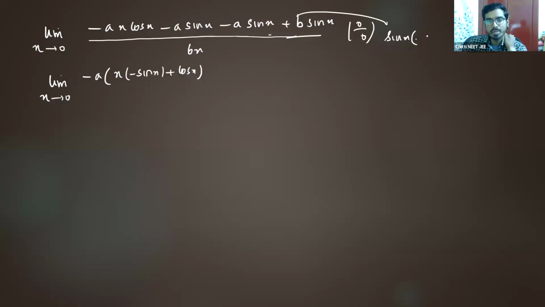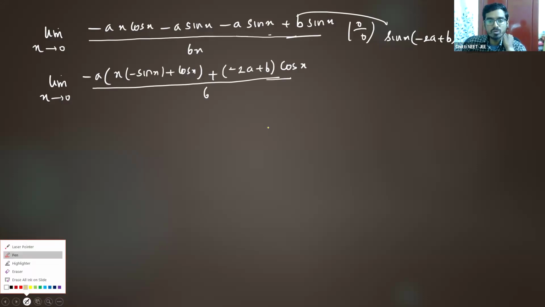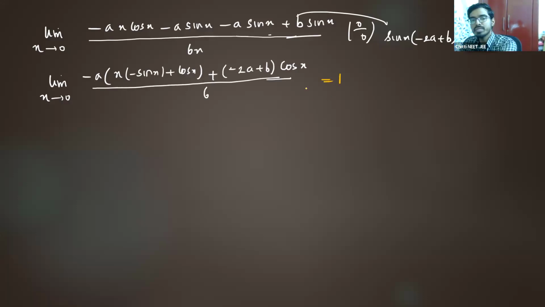If I take sin x common, we have minus 2a plus b, derivative of sin x is cos x whole divided by 6. See, here you are getting a finite limit because your denominator is 0. So that means this limit has to be equal to 1, right? Because it is given that this limit is equal to 1.